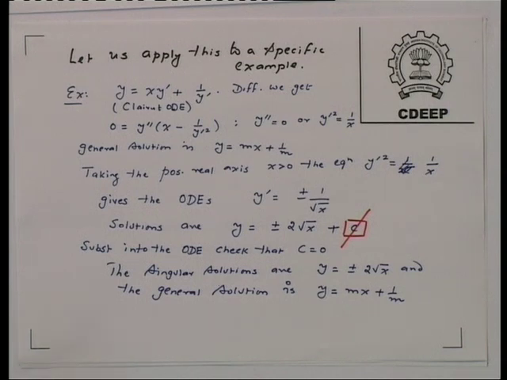That is an envelope. So once again, what is an envelope? Given a one parameter family of curves in the plane, let us stick to planes, an envelope is a curve that touches every member of the family. Is it clear?